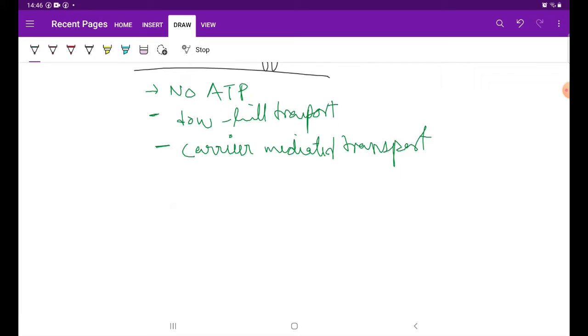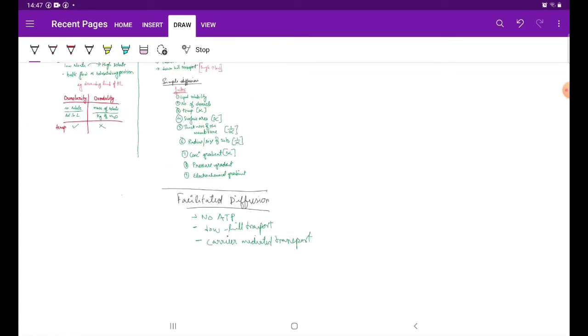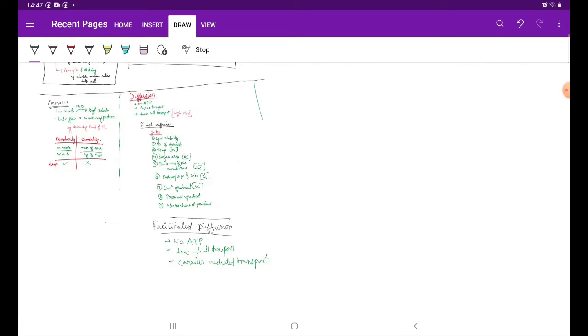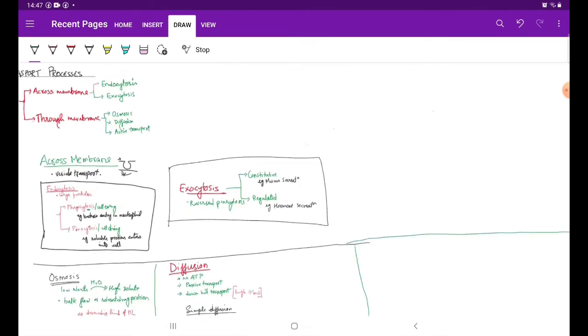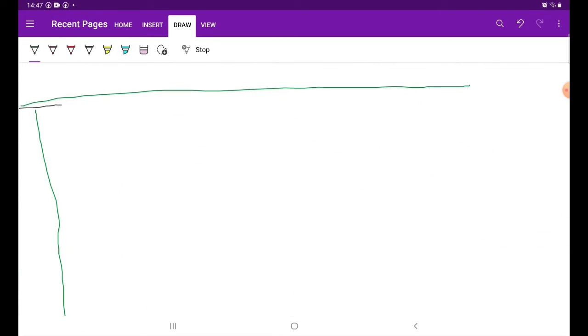So in facilitated diffusion we discussed these are the only things. Now let's discuss the last thing, active transport. Okay, active transport.